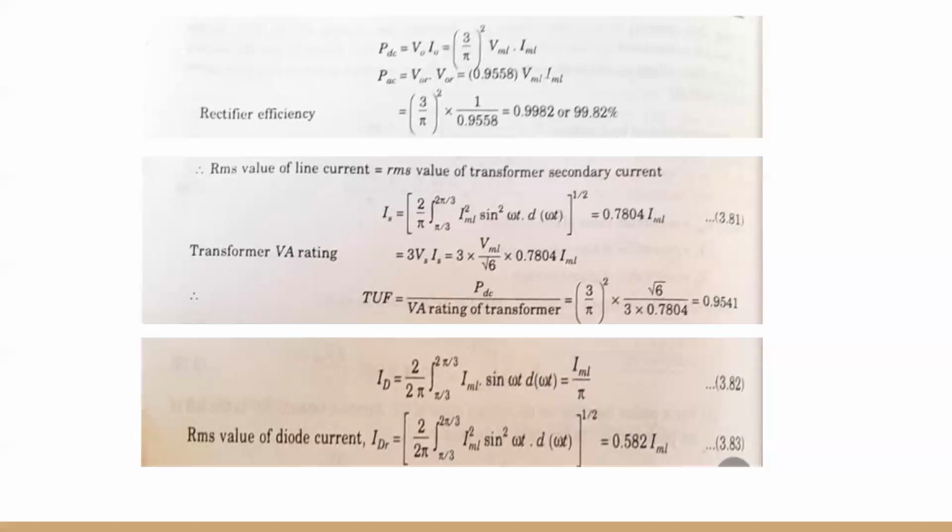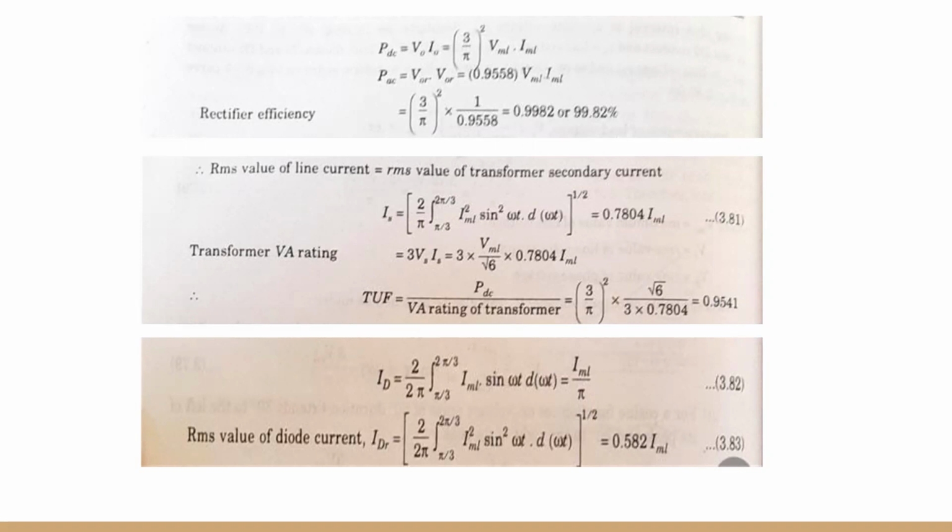0.9541. It is seen from the diode current waveform of figure number 3.40D that the average value of diode current ID is equal to 2 upon 2 pi integration from pi by 3 to 2 pi by 3 of IML sine omega t d omega t, which is equal to IML upon pi.